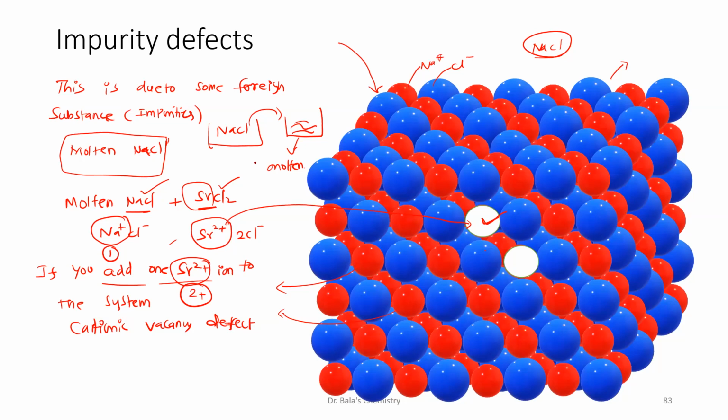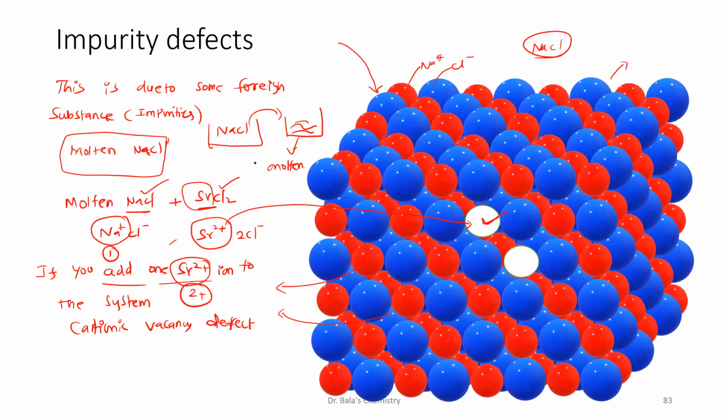So 2 Na plus positions are vacant, out of which 1 Sr2 plus will occupy the position of 1 Na plus. Then another Na plus position will be unoccupied, creating a vacancy that is called a cationic vacancy. Is that clear or not?